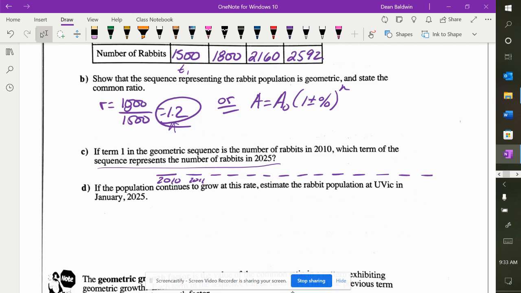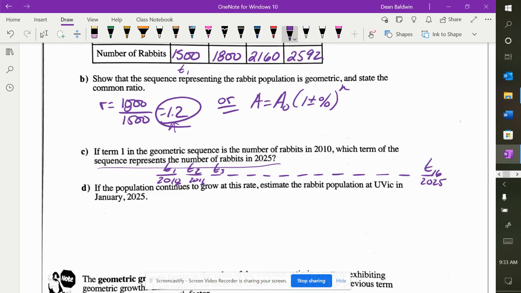Oh, 16, sorry. T1 is 2010, T2, T3, all the way up. So when I get to 2025, it's term 16.